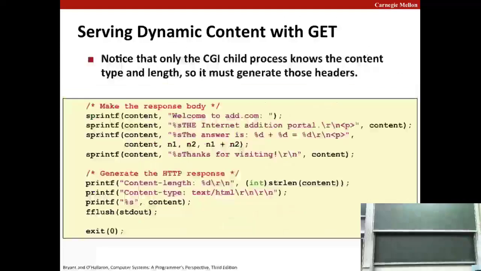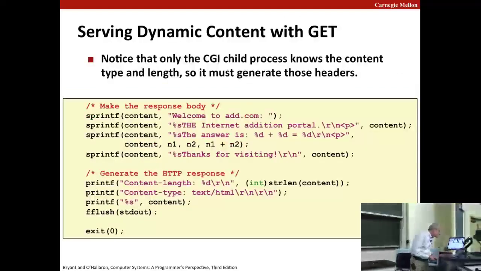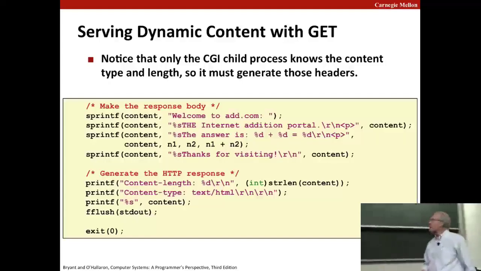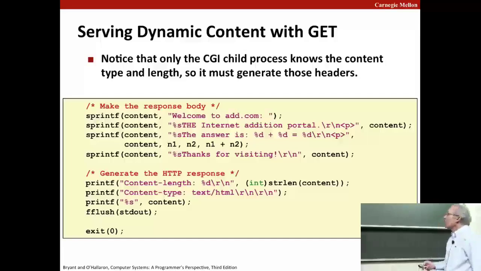Okay, so now we're almost done. So now this is what the actual program, the adder program, does, the CGI program that's been forked off and execed. So it creates then the HTML that you want to send back.